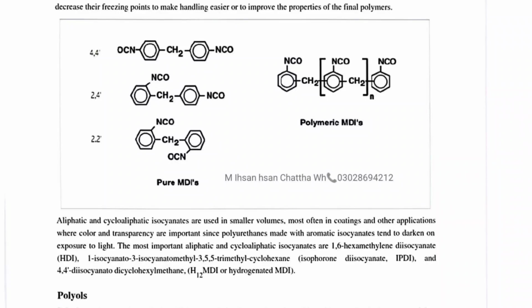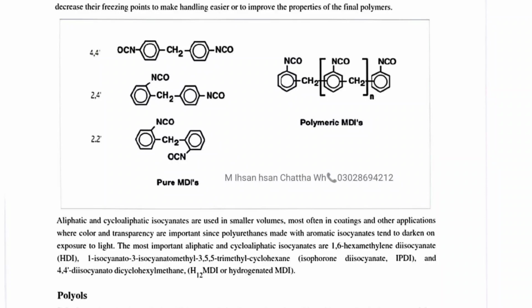Aliphatic and cycloaliphatic isocyanates are used in small volume, mainly in polyurethane materials where we require coating, color, and transparency.